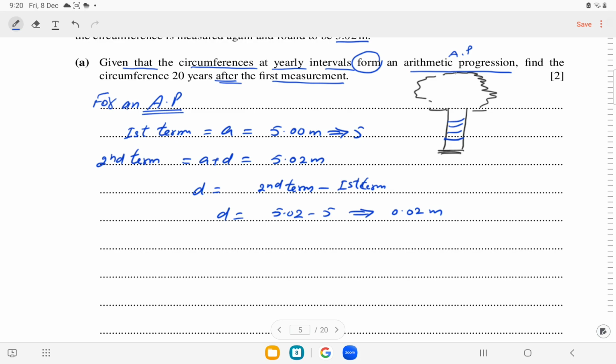As it is a case study of the arithmetic progression, and we are interested to find the circumference 20 years after the first measurement, it means here n is equal to 21. It means after 20 years we will enter the 21st term. So the nth term formula for the AP, we are well aware, is a plus (n minus 1) times d.